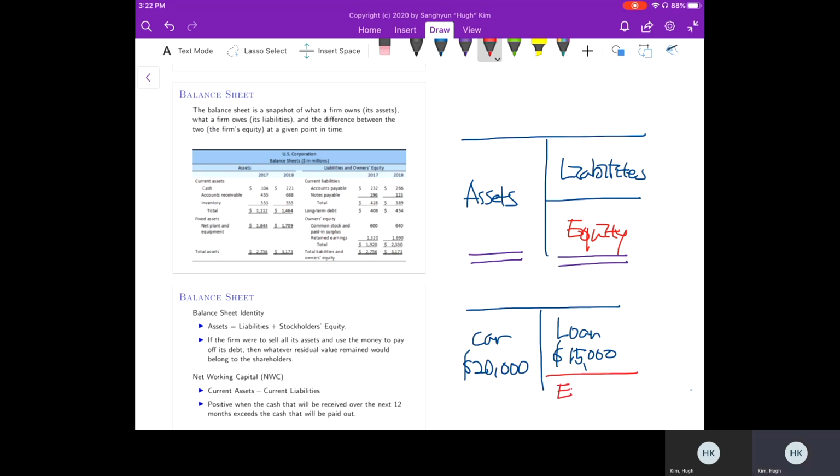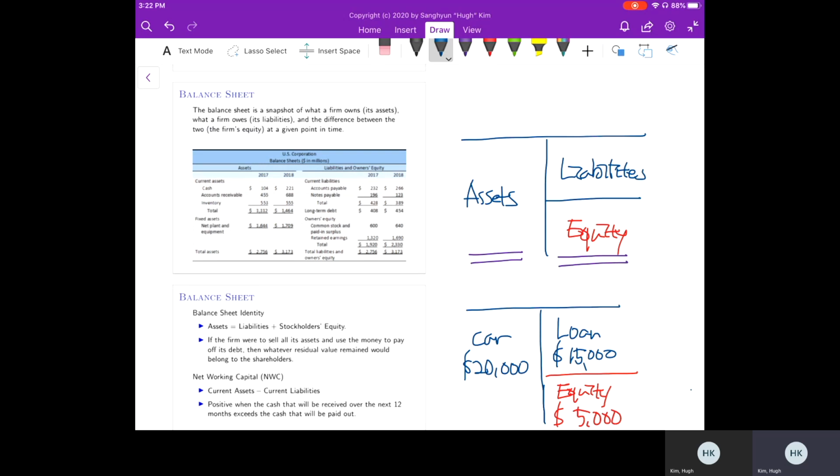Then equity would be $5,000. So that's a very simple balance sheet.